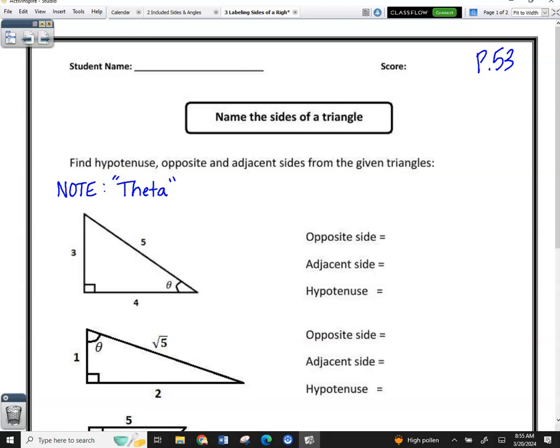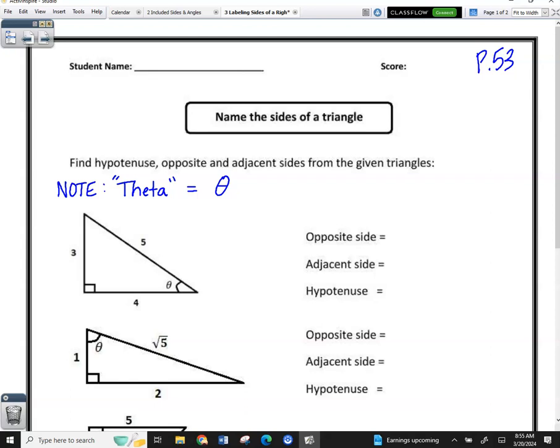That is a Greek letter of the alphabet, okay? And this is what it looks like. It looks like a slanted O with a line through it. It's a Greek letter of the alphabet. So, I know you might be thinking, I do well enough with English letters of the alphabet in math. Why do we need to throw a Greek letter in math?